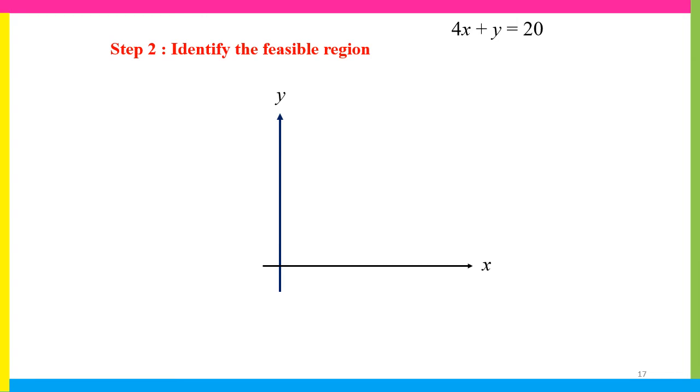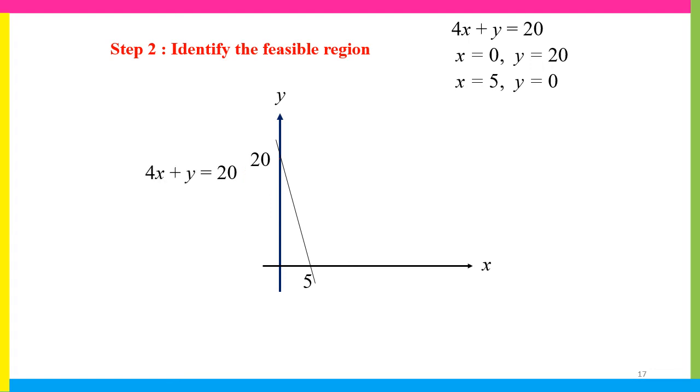For 4x plus y equal to 12, when we find the intercepts, when x equal to 0, y is equal to 12. When y equal to 0, x equal to 3. So sketch using the correct scale. So this is 12 around here, and this is 3. With the equal sign, we have a straight solid line.